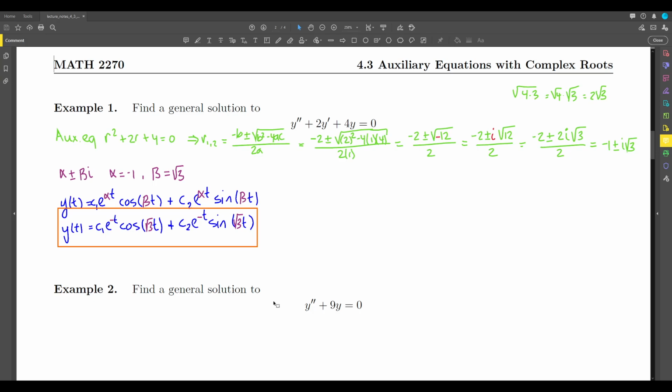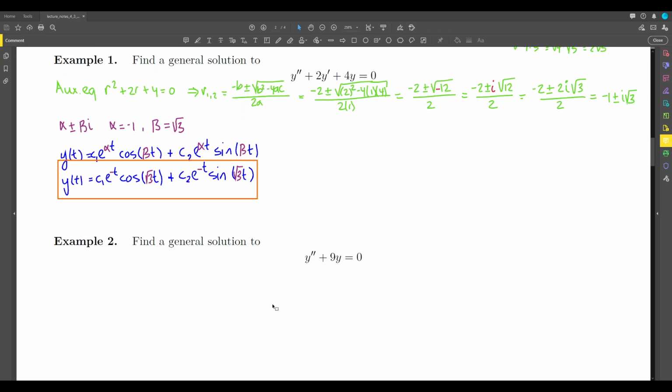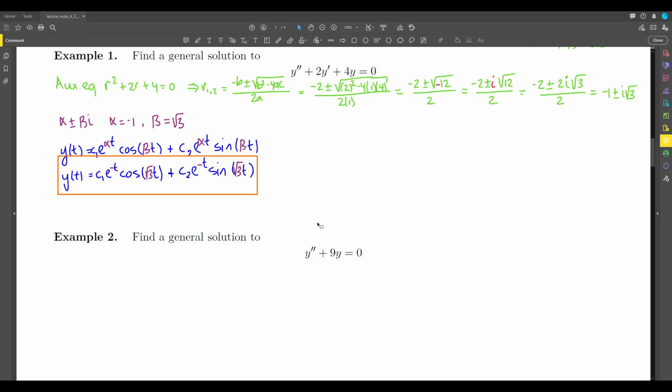Okay, let's take a look at the next example. We have to find a general solution to y double prime plus 9y equals 0. So let's take a look at the auxiliary equation.